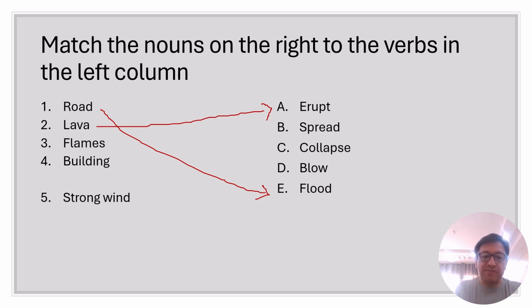And what about flames? What happened to the flames? Yeah, flames spread. Exactly. They do spread. Absolutely. Flames spread. How about buildings? Yeah, buildings collapse. That's right. Buildings collapse. There we go.